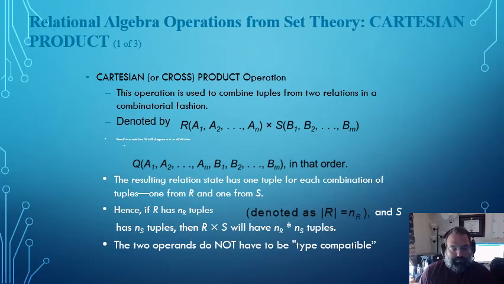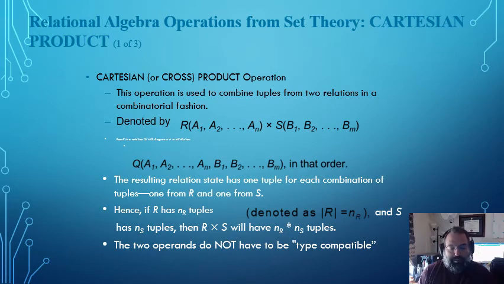The resulting relation state has one tuple for each combination of tuples, one from R and one from S. Hence, if R has n_R tuples and S has n_S tuples, the result will have n_R times n_S tuples, which is the number of rows multiplied together.